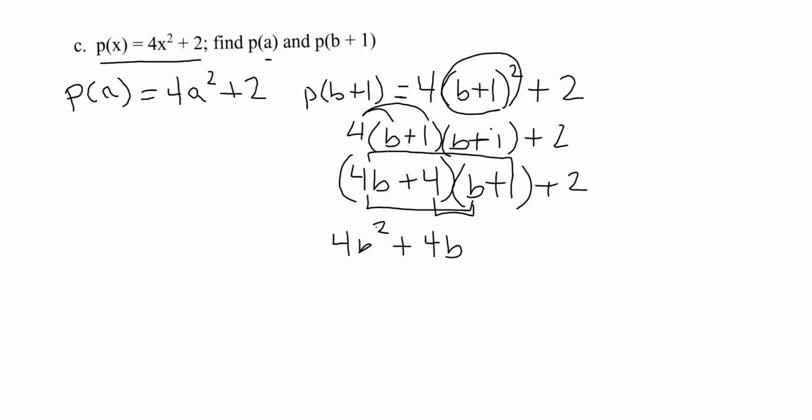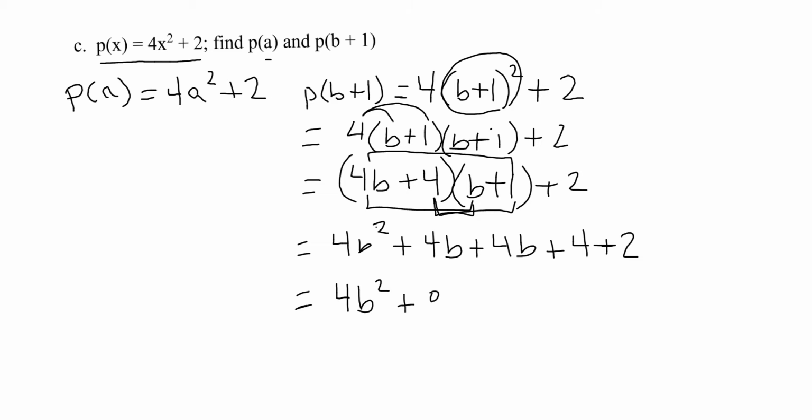Then we'll do plus another 4b and plus 4 plus 2. And then we'll combine our like terms. So we will get 4b squared, plus 8b plus 6. And because we don't have any more like terms, that is our final answer.